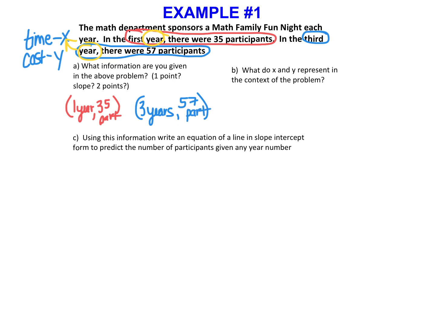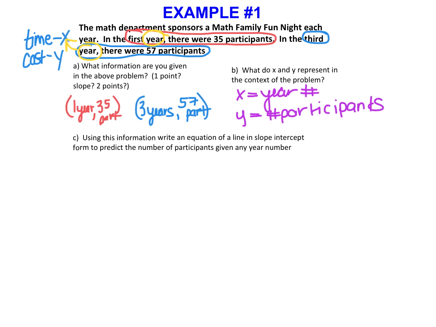So here, as I make these points, I'm assigning my x variable to be the time. So x is the year number, and y is my number of people participating, or my number of participants.